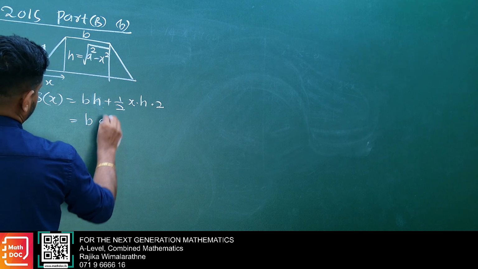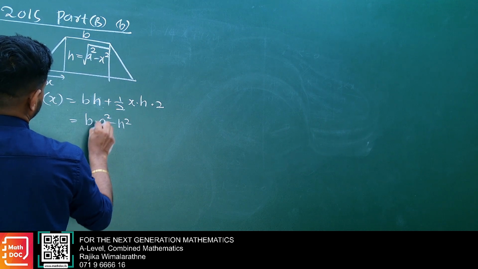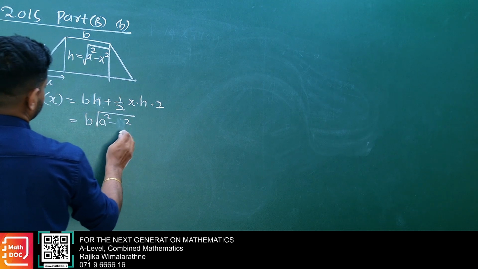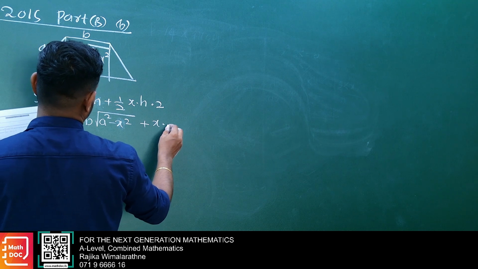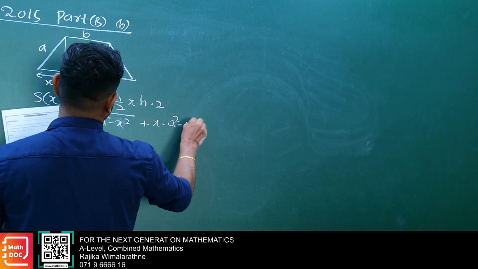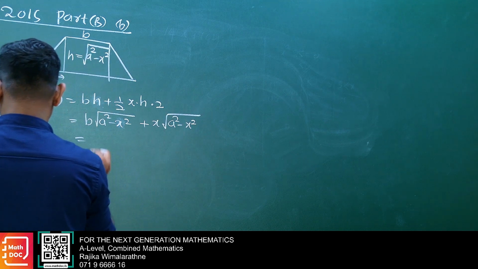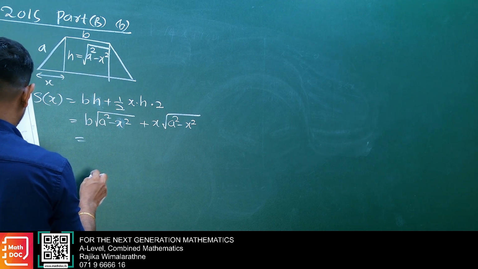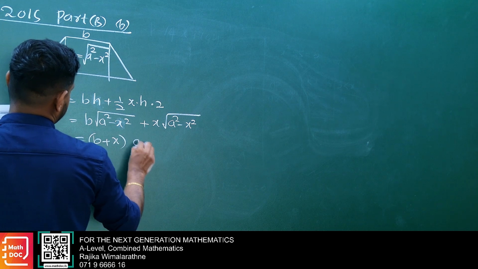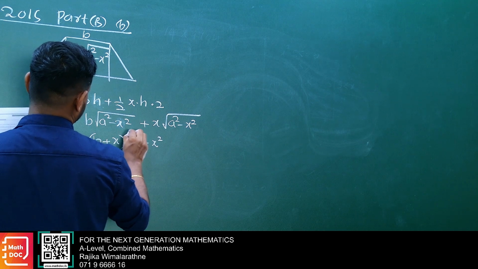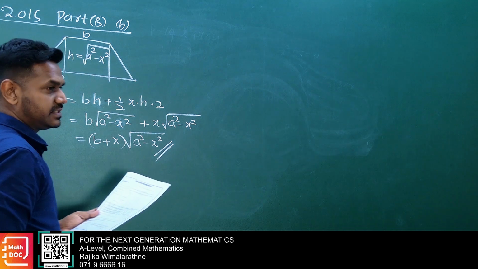BH, where H is square root of A squared minus X squared, plus XH. Then take this part outside: B plus X times square root of A squared minus X squared. Here is the area function.